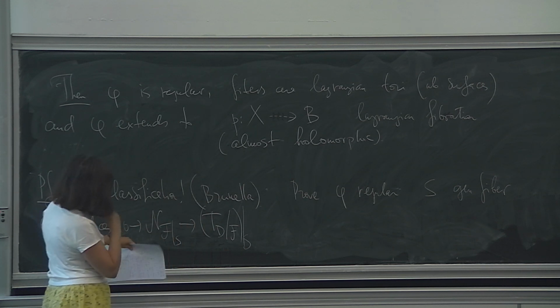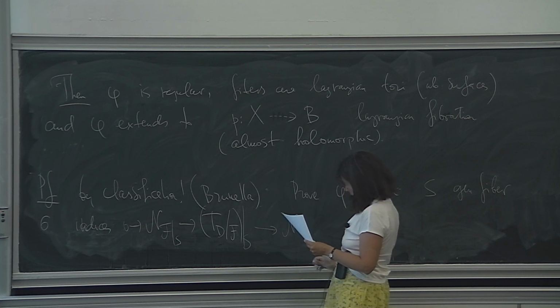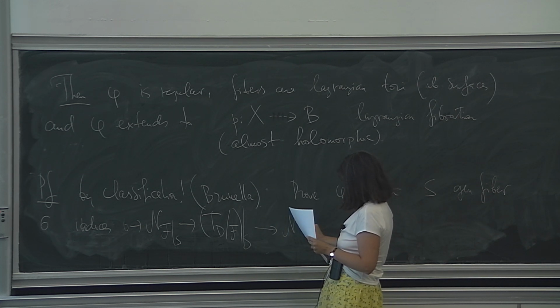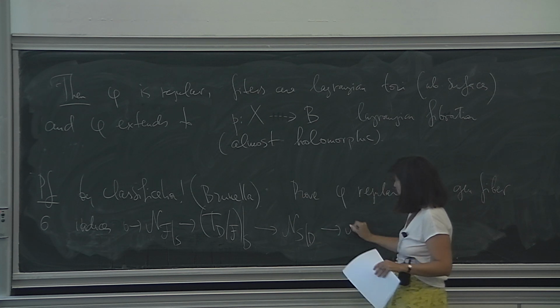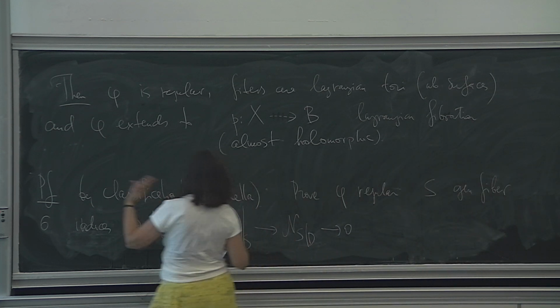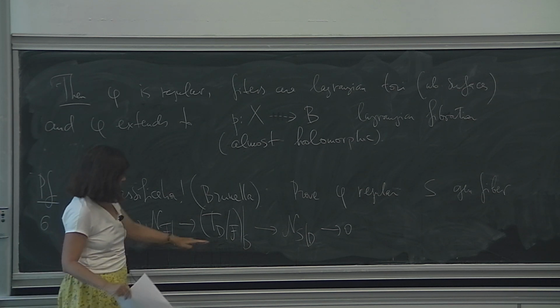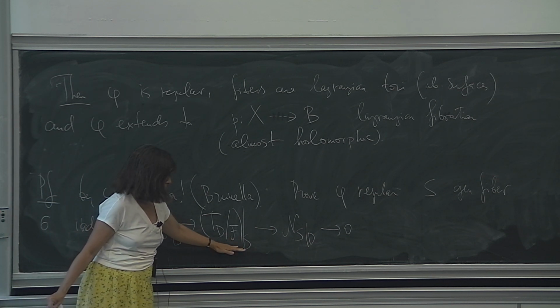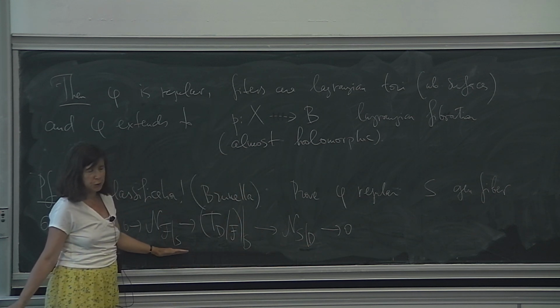No, I think it's a normal bundle. Yes, and then it goes to N, well, the normal bundle of S in G. You have an exact sequence like this, using that your holomorphic symplectic form gives you some dualities. So this has trivial determinant. This has trivial determinant. So this has also trivial determinant.